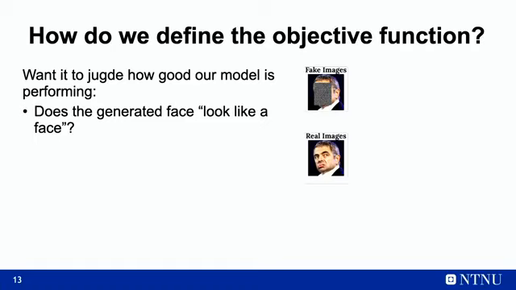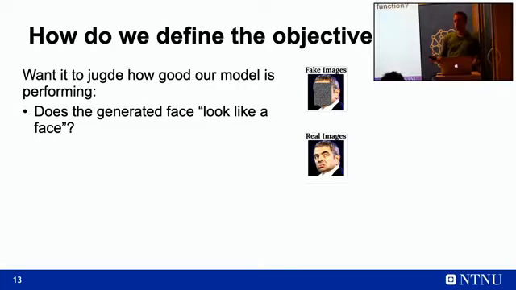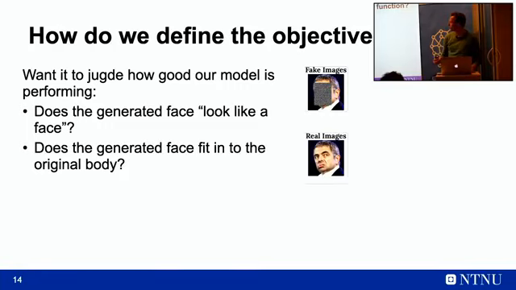If you look at this fake generated image, it's obviously not a face for us, but expressing this in mathematical terms is not that easy. Also, I want this generated face to correspond to or look similar to the conditional information, the original image I had. One way to define this objective function is to look at a patch of the image.